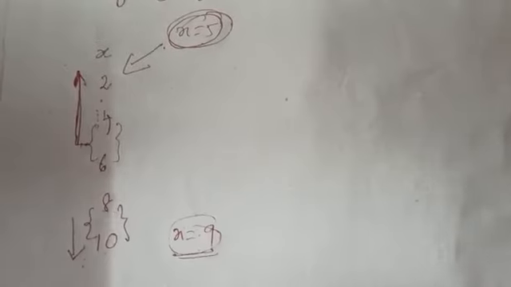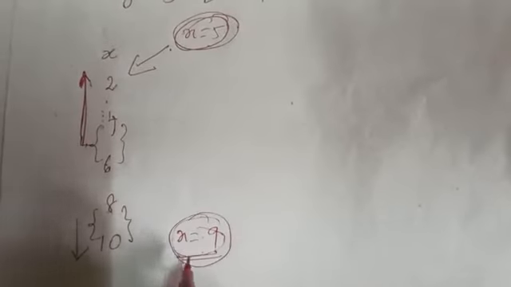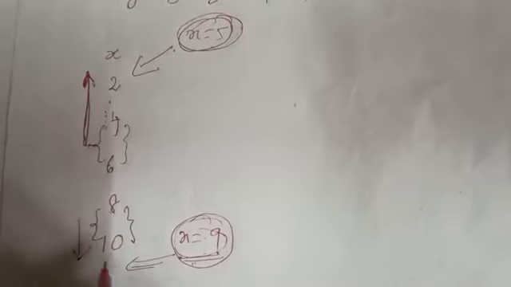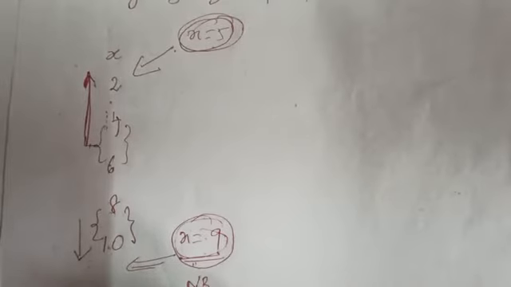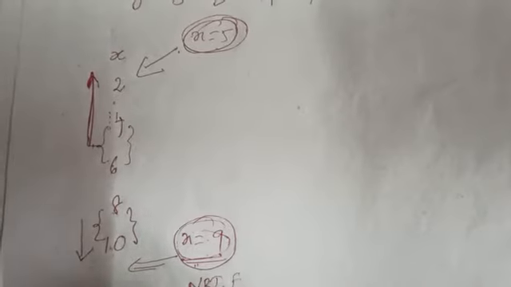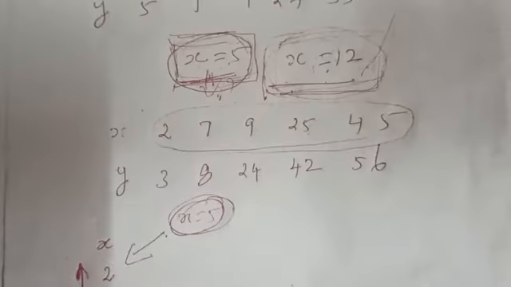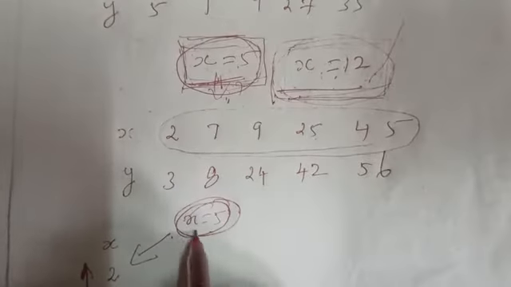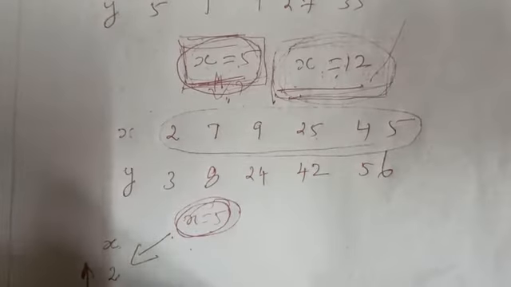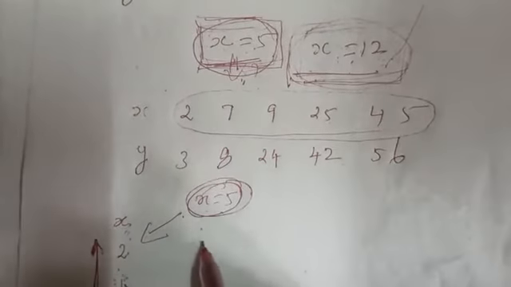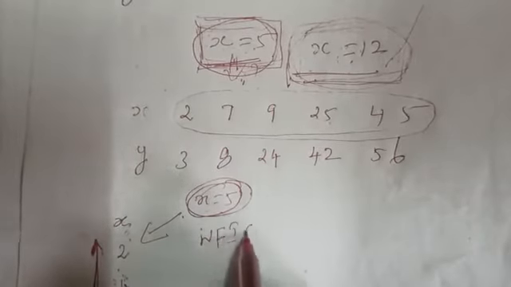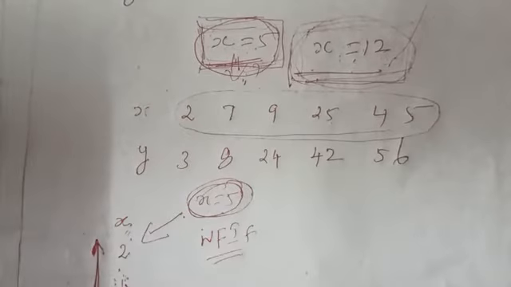The end of the table means we use Newton's backward interpolation formula. Suppose x is equal to 5, the beginning of the table, then we use Newton's forward interpolation formula.